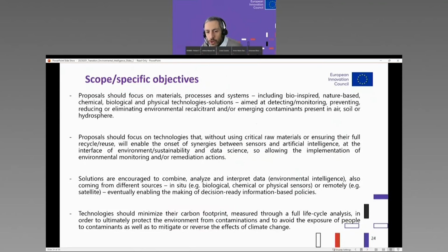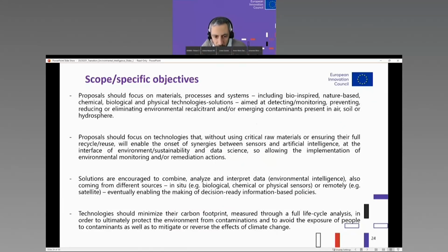So we want technologies that can combine and analyze data, but these data can come obviously from different sources. They can be in situ data via different kinds of sensors, or they can be remote data via satellite. And these technologies can be aimed at doing and implementing remediation actions that could eventually also be included in the proposal.